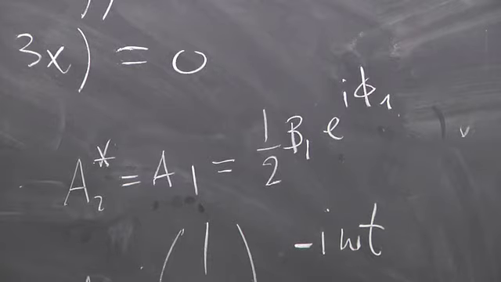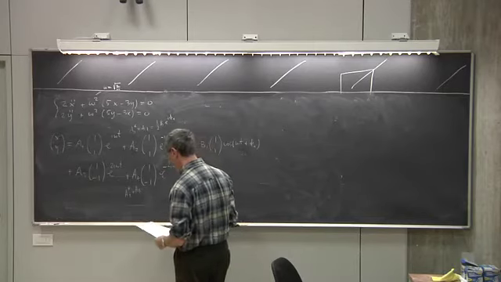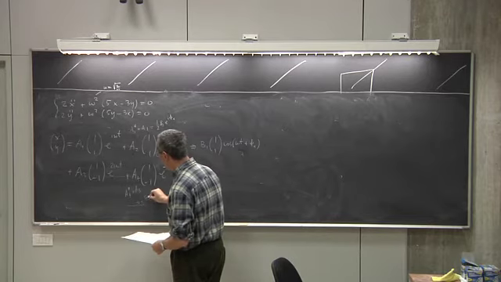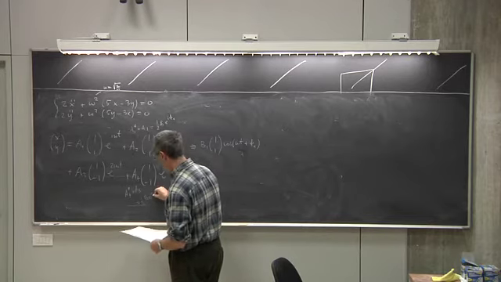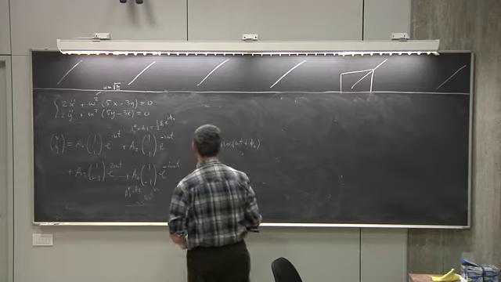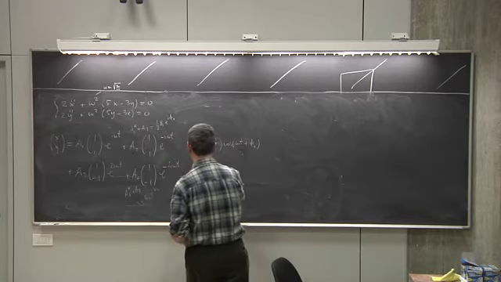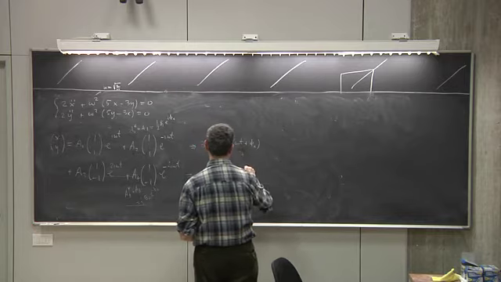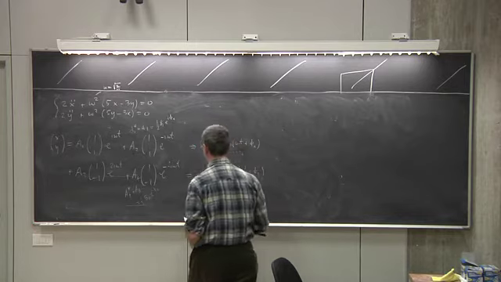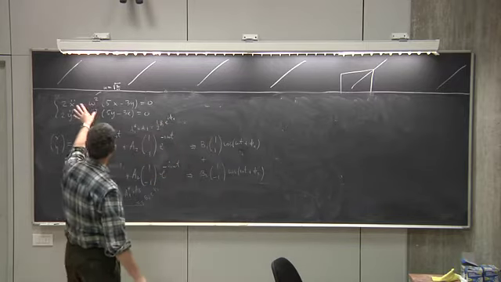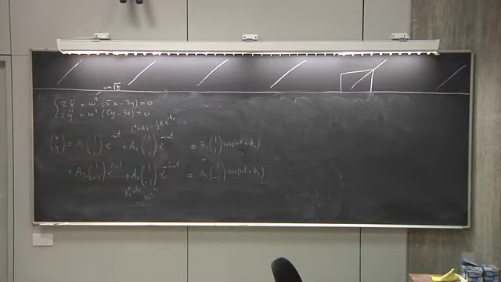And similarly here, I can do the same. I can call this 1/2 B2 e to the i, another phase, phi 2. I put a 1/2 so that I get only the cosine, B2 cosine. So the sum of these two is the general solution of this system. And I'm done.